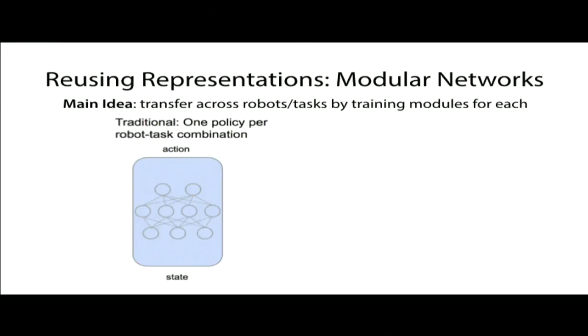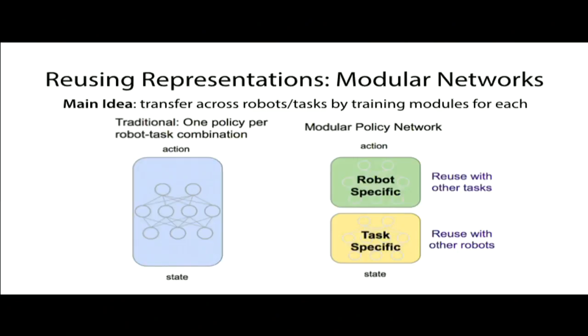Generally in reinforcement learning, you have one policy for one robot and one task. But if you want to learn across many different types of robots and tasks, you want to get away from training a single policy for each combination.